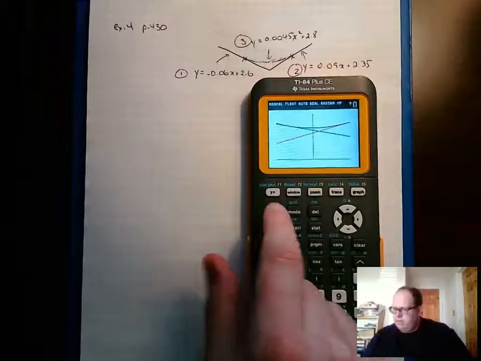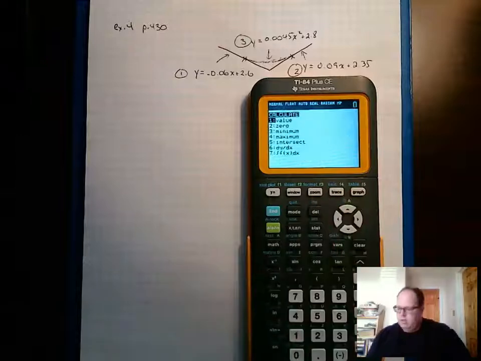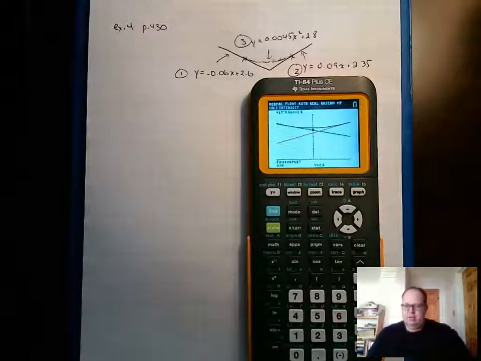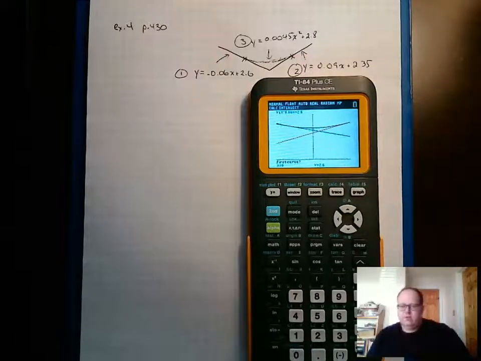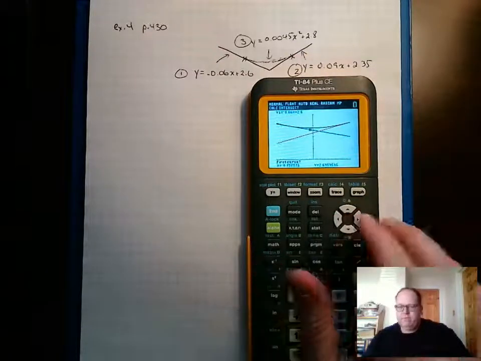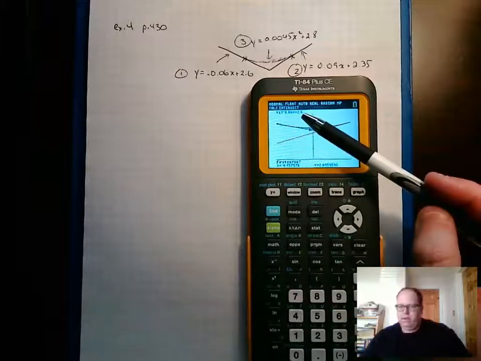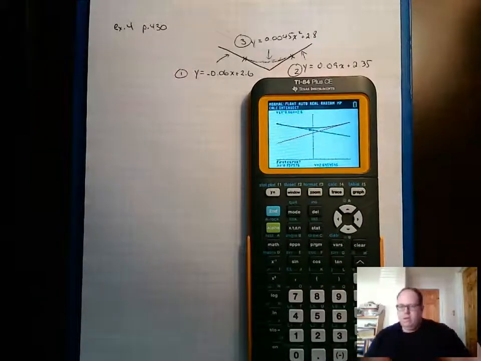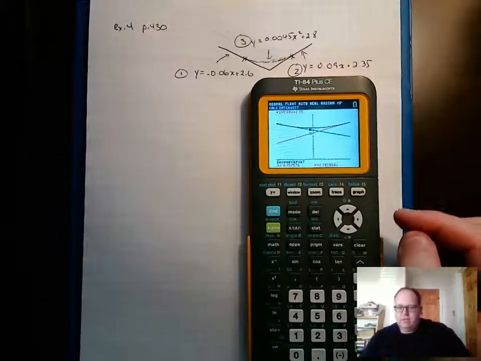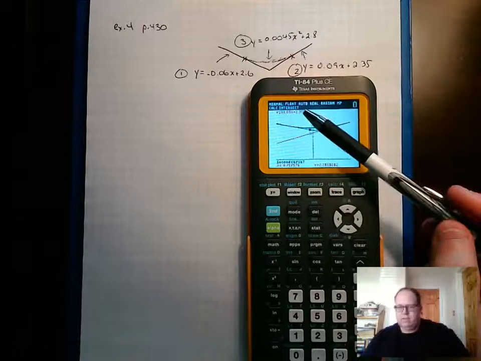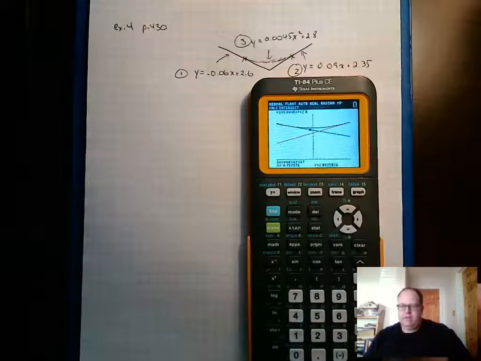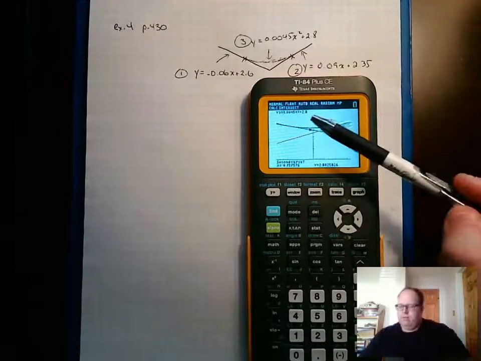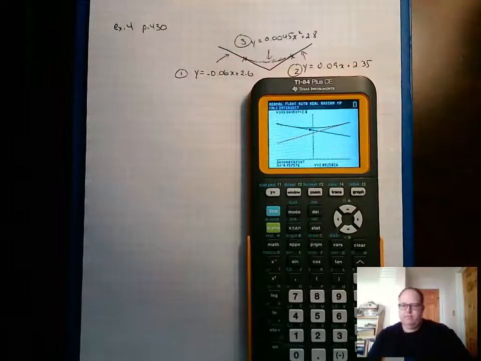Then we're going to do second trace, find the intersection, and now this is going to be important, what they call first curve and second curve. So my first curve, the one I'm on, is that first linear equation, y1. But what I wanted to intersect with is not y2, I want it to intersect with y3. So I'm just going to push the up arrow until I get to that curve. You'll notice now up top I'm on y3, and I'll press enter on that.